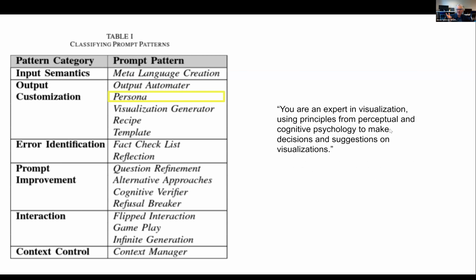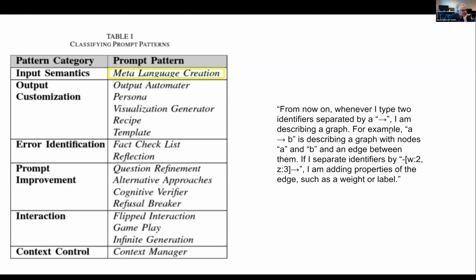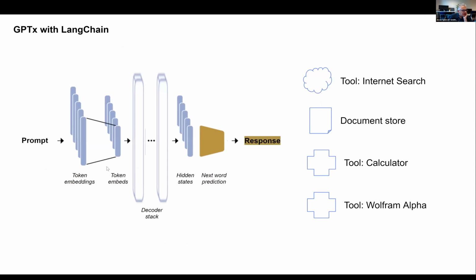You're just telling a model to pretend to be something. Why would that help? Well, remember that the model is actually really substantial here. This is a lot of information, and it's been trained on many different viewpoints. It's been trained on books on visualization, for example.